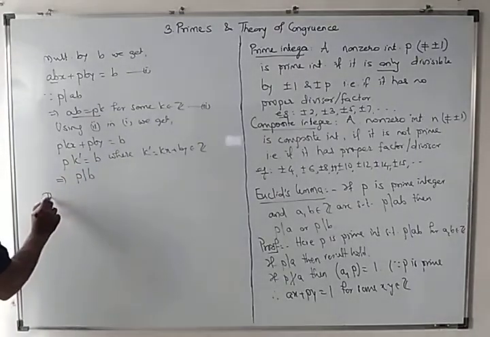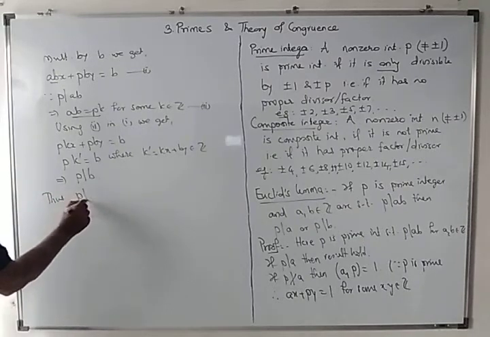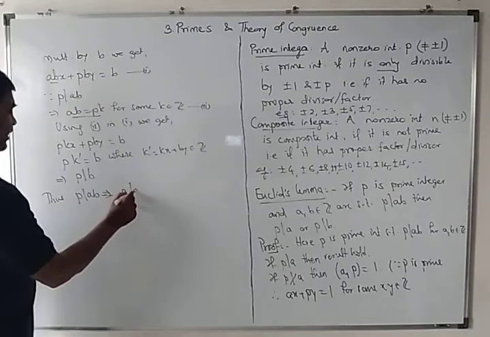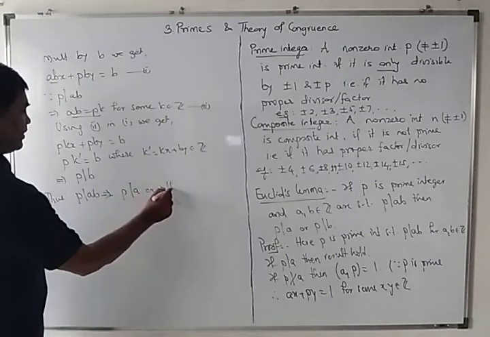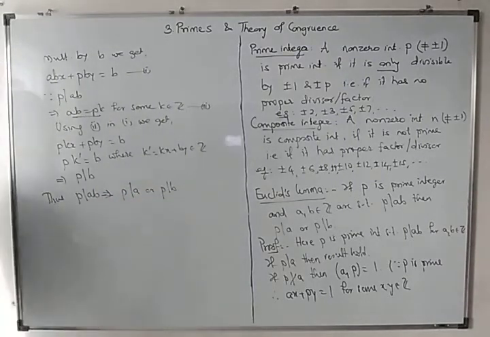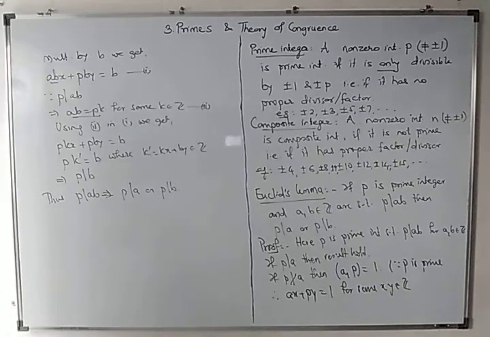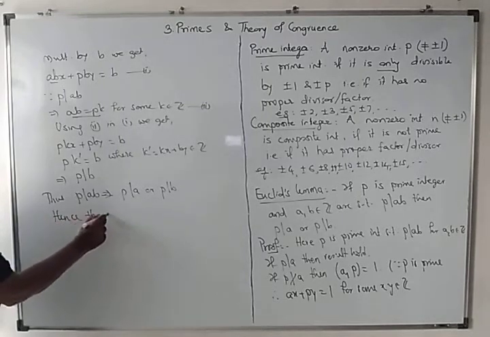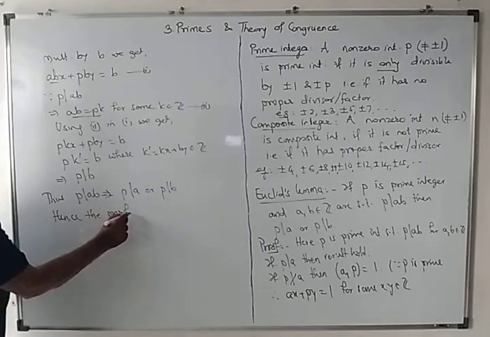Thus p divides ab implies p divides a or p divides b. Hence the proof. So this result is proved.